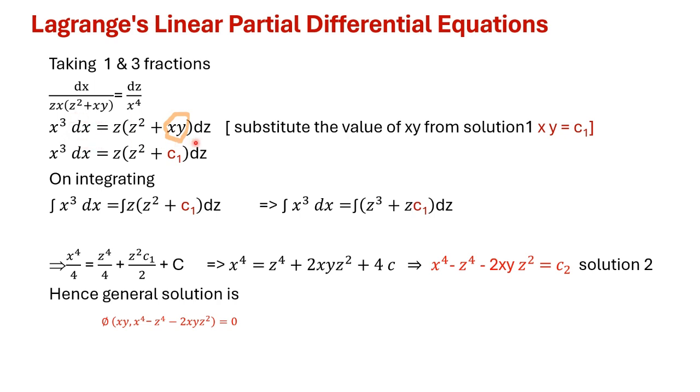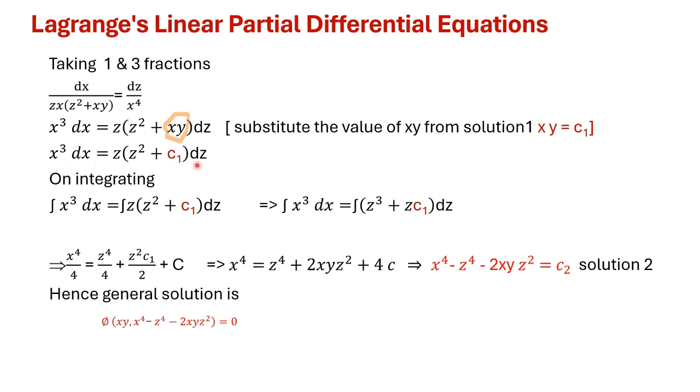Here dx is given, here dz is given, so all the terms should be in terms of x and z. Only then can we integrate. But here we have a y term, so it becomes difficult to integrate. So we substitute the value here. From solution 1 we know xy is equal to c1. So in the place of xy we'll substitute c1, and we'll get this equation.